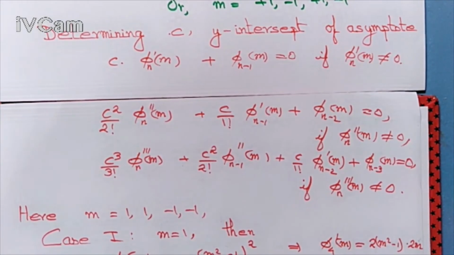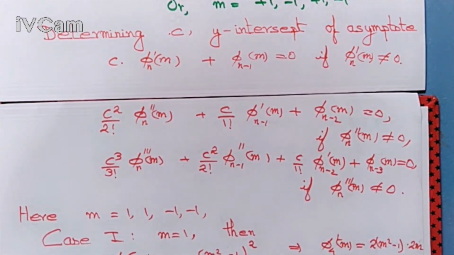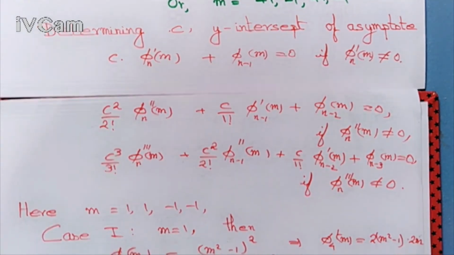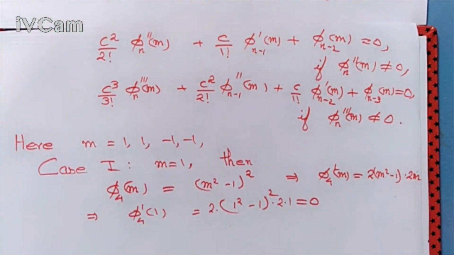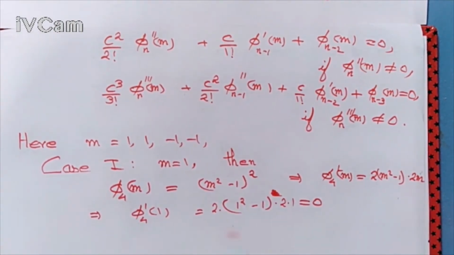Then phi 4 dash 1 equal to 2 into 1 square minus 1 into 2 into 1, that is 0. Okay, so phi 4 dash 1 is 0. Next, so the first formula fails.